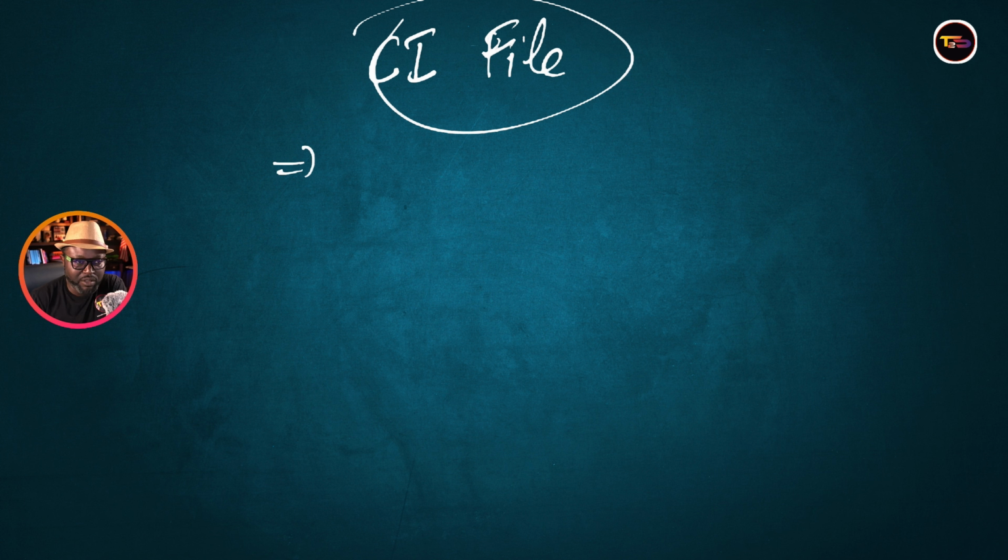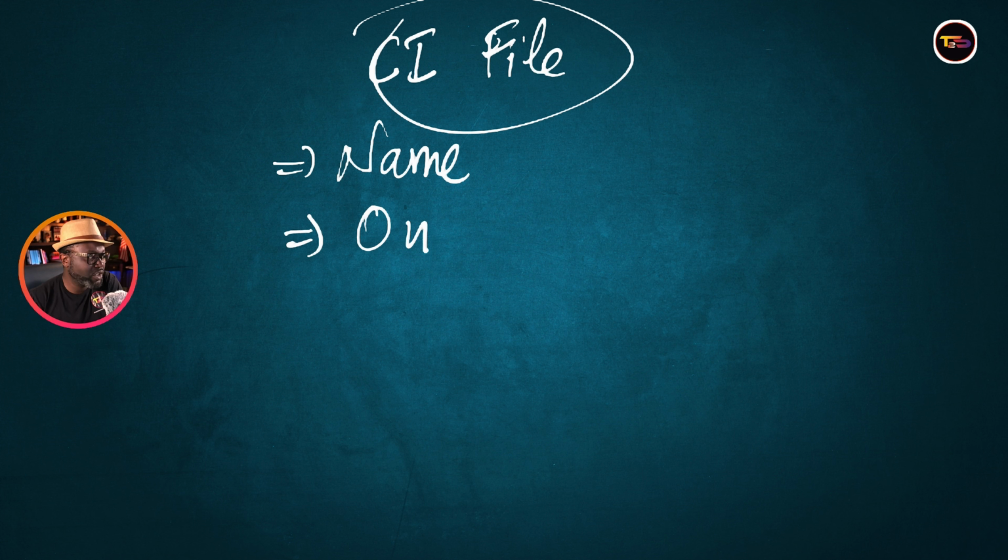About 3 or 4 parts here, but the first one, you're going to give it a name. Okay. Second part, you're going to have to talk about the events or the triggers, and then how do you do that?